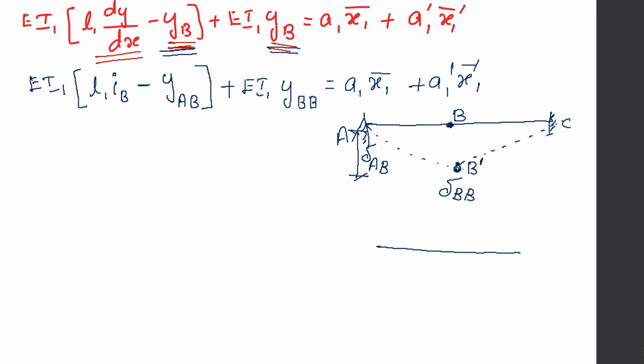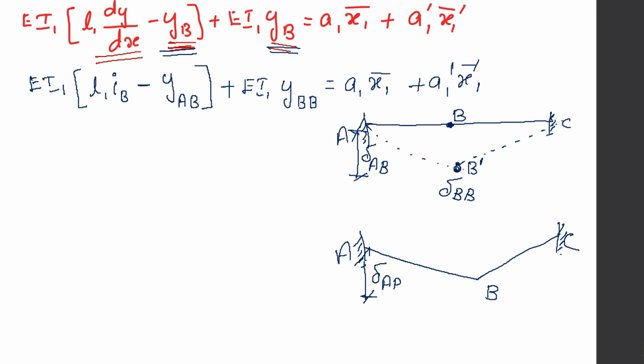So actually our beam becomes like this. So this is A, this is B, this is C. So this distance is delta AB. Here delta BB will be equal to 0 and this distance will be delta CB.